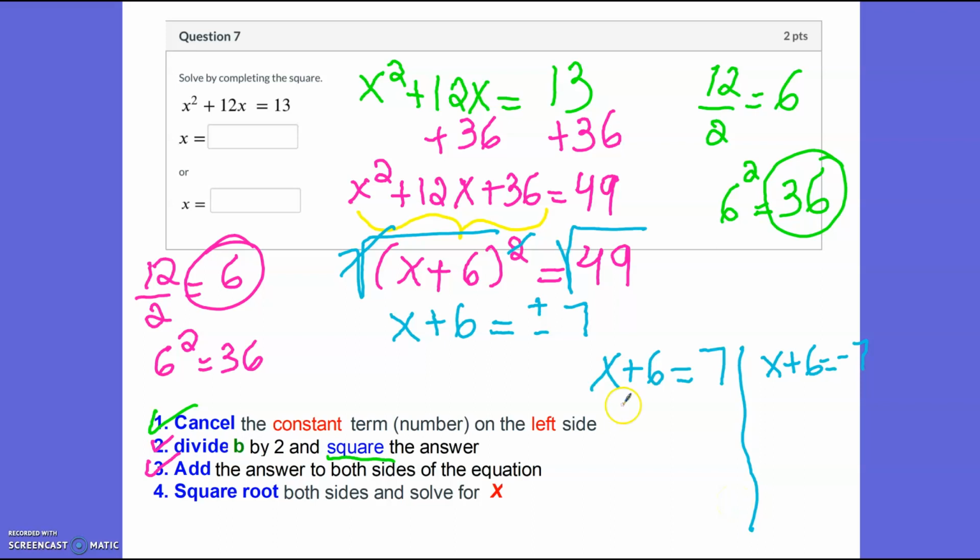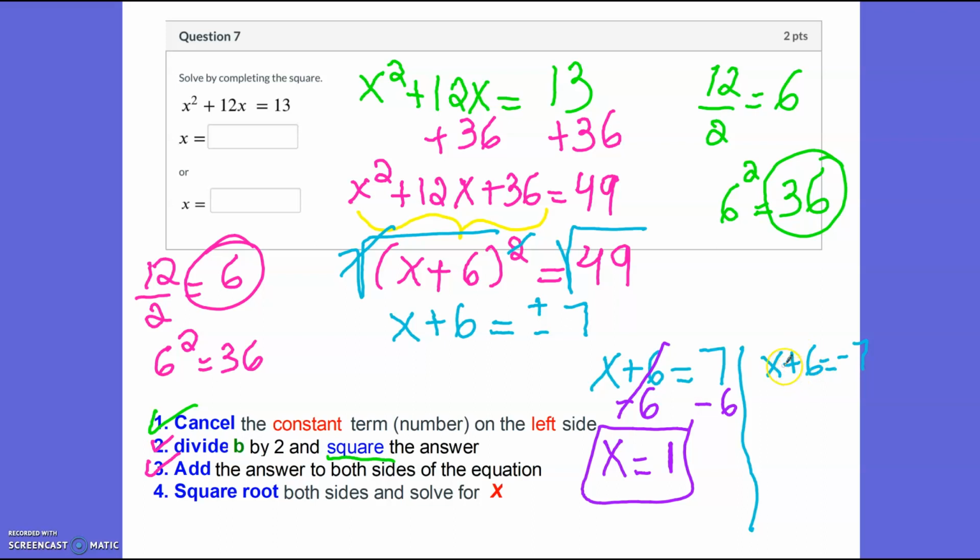To solve for x, I need to cancel positive 6, so I'm going to subtract 6 from both sides. 6 minus 6 equals 0, and then 7 minus 6 equals 1.